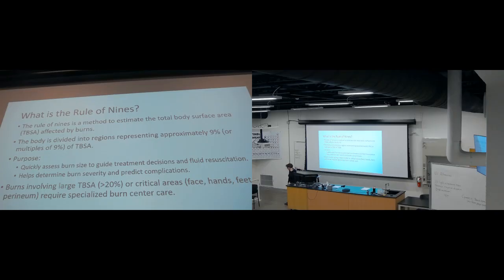Sometimes some people have so much area affected that they die, unfortunately. Burns involving greater than 20% or critical areas like the face, hands, genitals, the feet, require more special care within these hospitals.